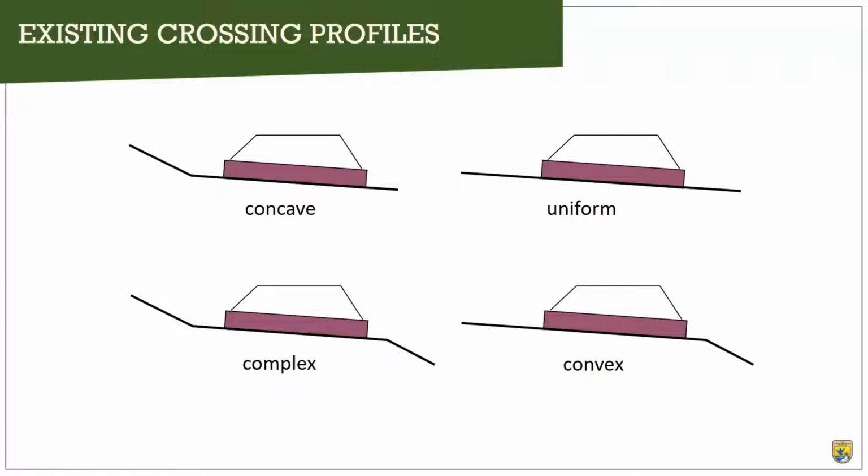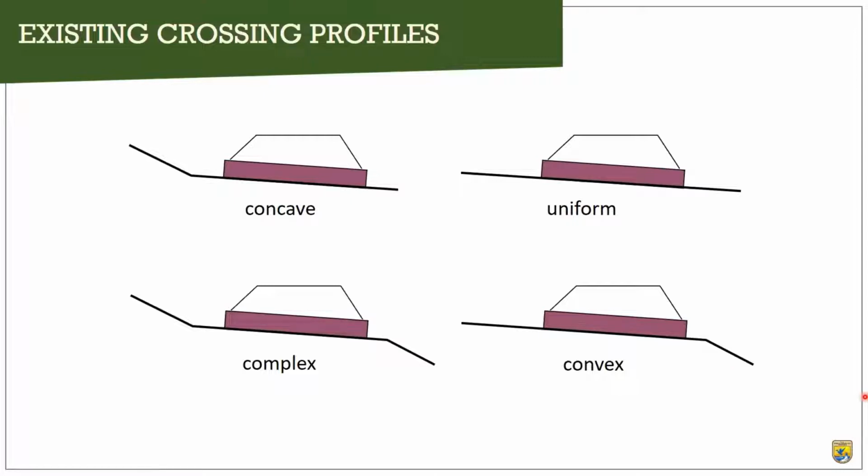At our convex profile, the channel gradient steepens downstream of a crossing. So traditional culverts at these locations often control stream bed elevations. The risk of head cutting after the removal of our undersized culvert exists and depends on the stability of existing grade controls.